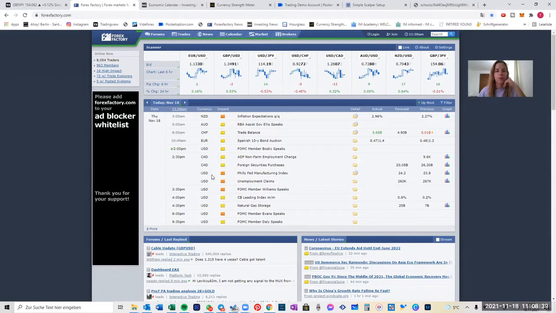So you see here it's in the afternoon, maybe 4 p.m. It's a red ordinary sheet, so you know you shouldn't trade for 4 hours after 4 p.m., until 8 p.m., and a little bit before the news starts, because the market most of the time reacts before the news started.